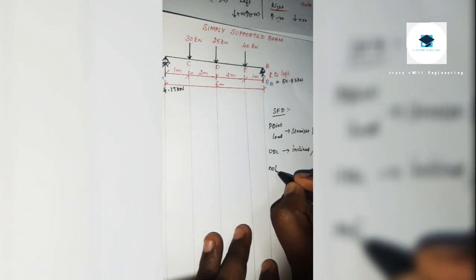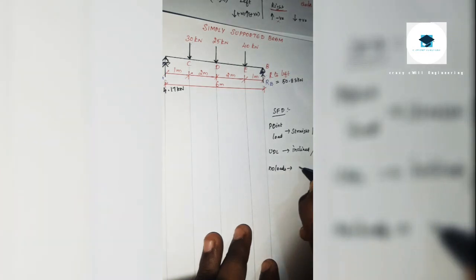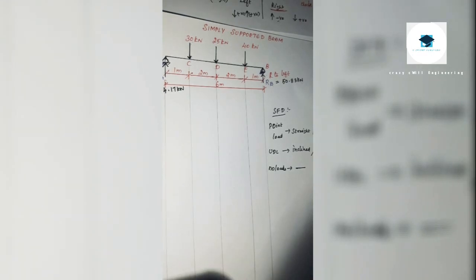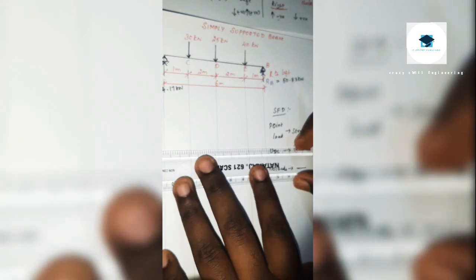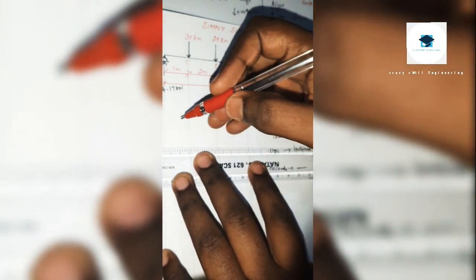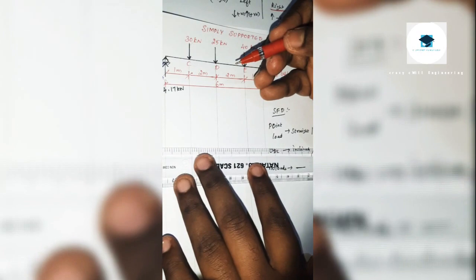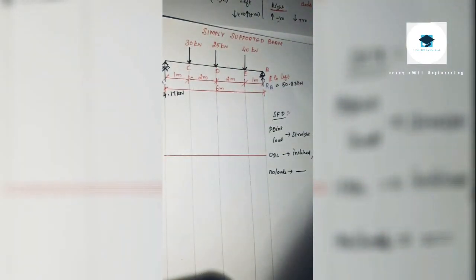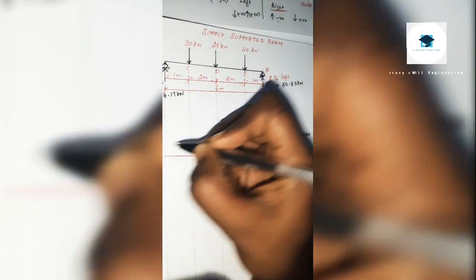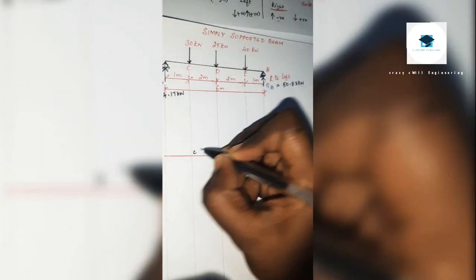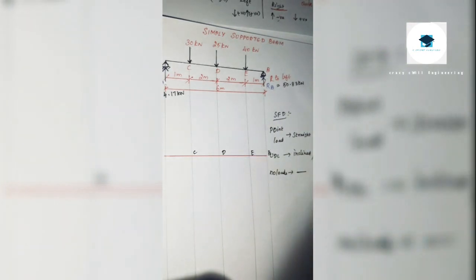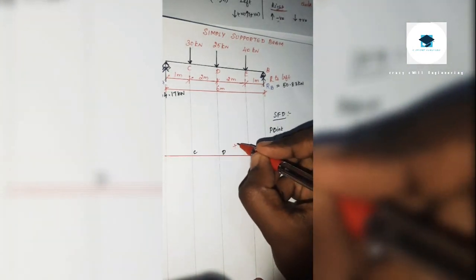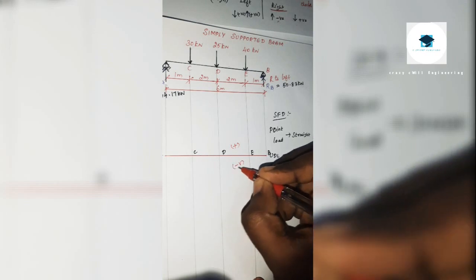For no load, the line becomes a horizontal straight line. Okay, draw the datum. Mark the points A, B, C, D and E. Above the datum are positive, below the datum negative.